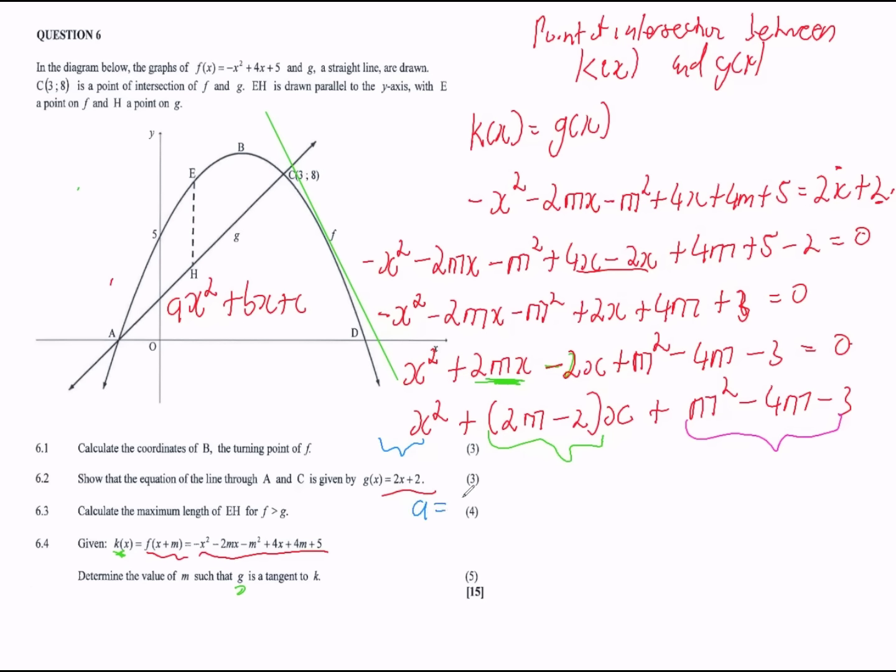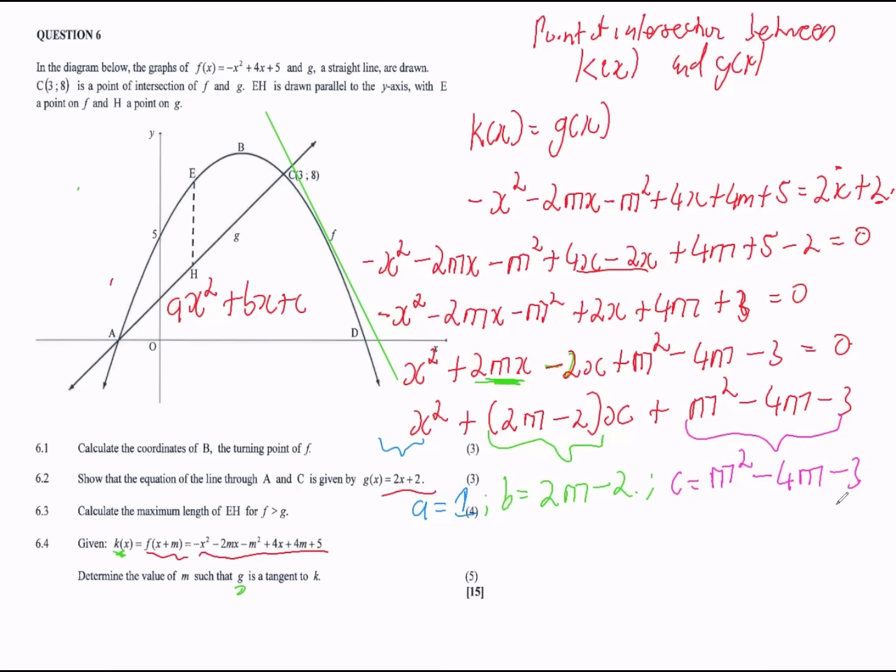That means my a is equals to 1. What is my coefficient of x? That means my b here is 2m minus 3. What is the constant? The constant would have to be everything that does not include x. Everything that does not include x is the value of c.